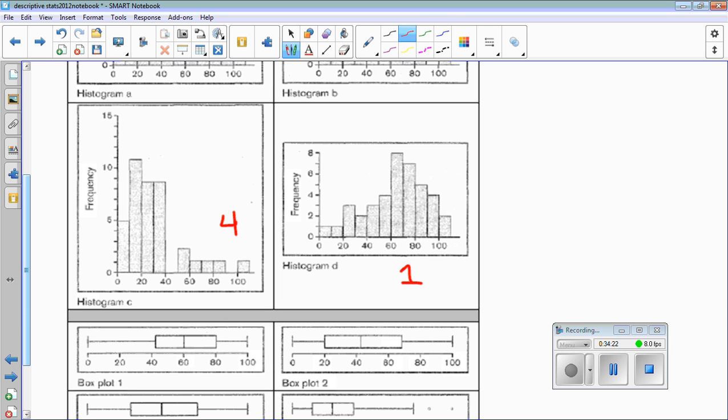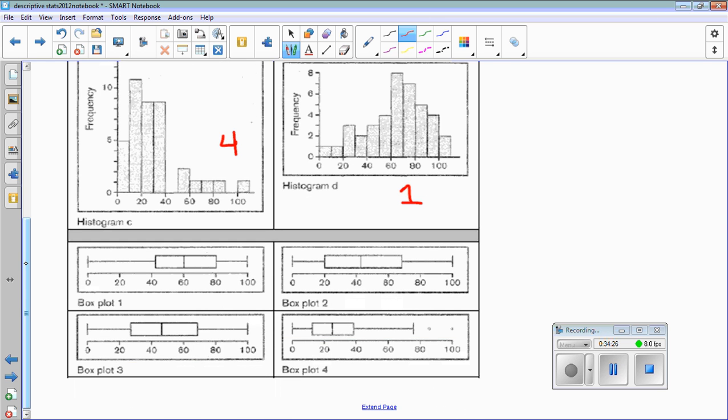Histogram C does have a skew right, and therefore so does box plot 4. Therefore, those do match. Our histogram D has a little bit of a skew left. Not as sharp, but it does have a skew left. So that's why skew left matches with box plot 1. So I agree. I think those are correct.